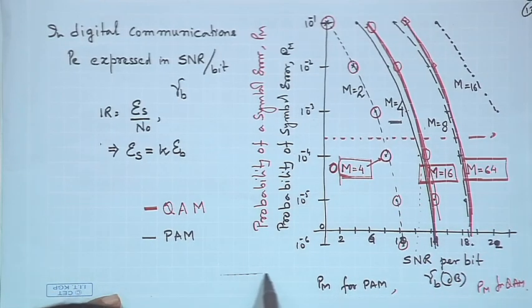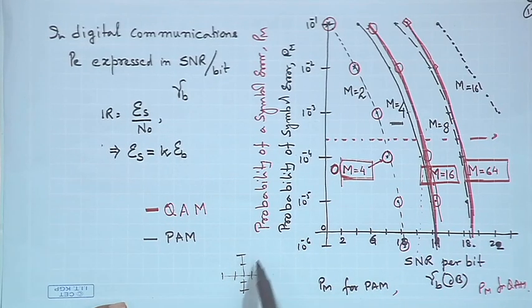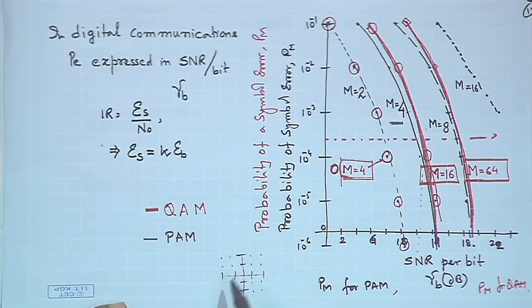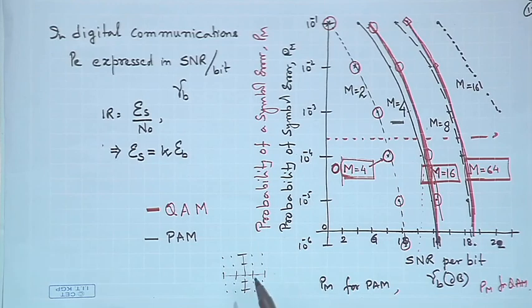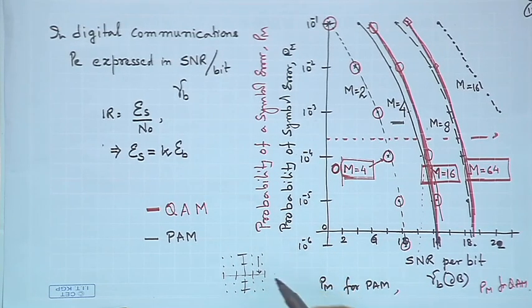So, if this is 4 PAM, you have another 4 PAM, and we had reminded you that this could be used to construct a 16 QAM, and whenever a signal is received, suppose a signal is received here, its component is taken on the I PAM as well as its component is taken on the Q PAM.